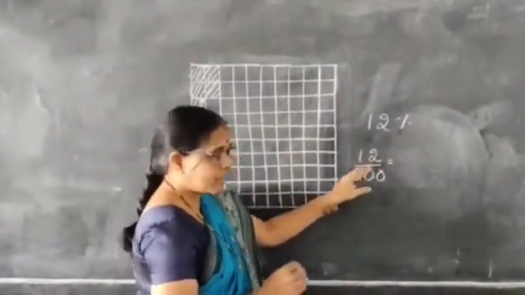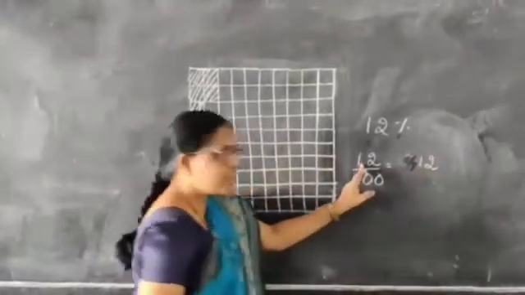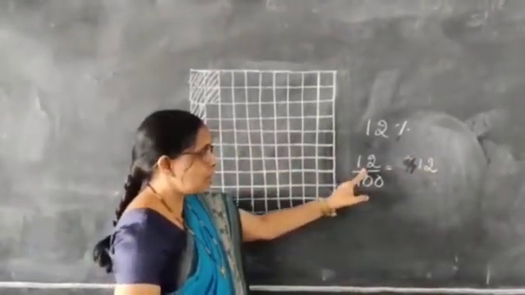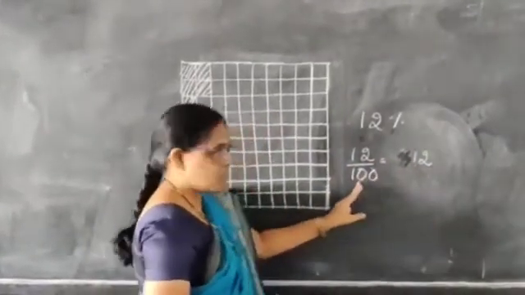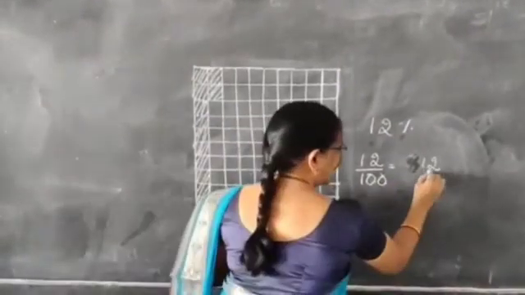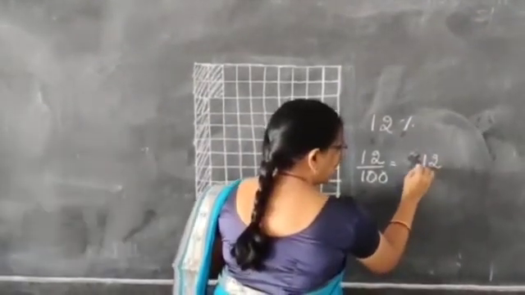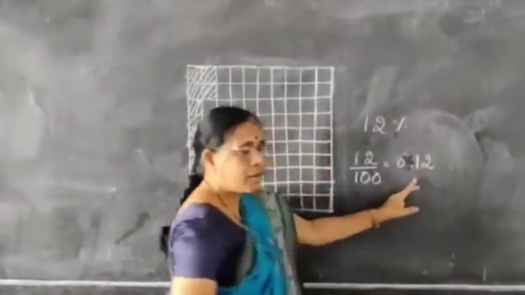First you write the numerator. What is the number in the numerator place? 12. So as it is, you write 12. Here how many zeros are there? 2 zeros. So after 2 digits, put the decimal point. So 0.12.